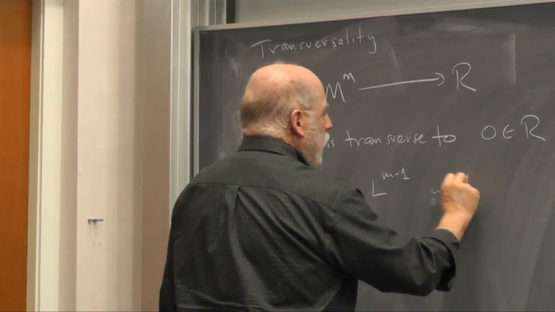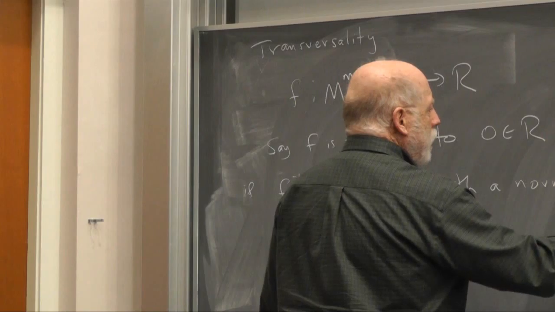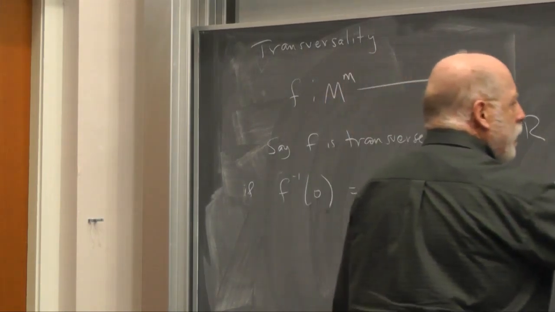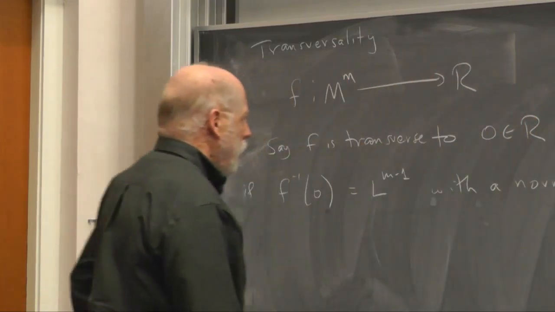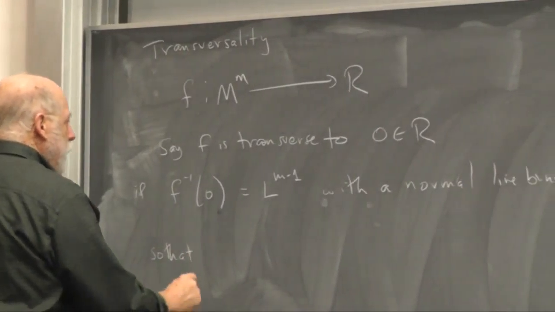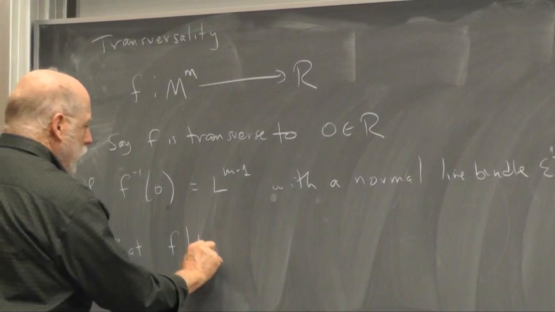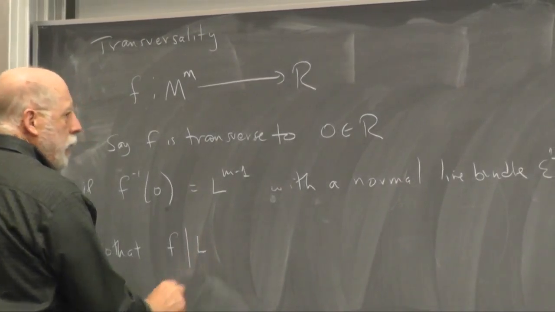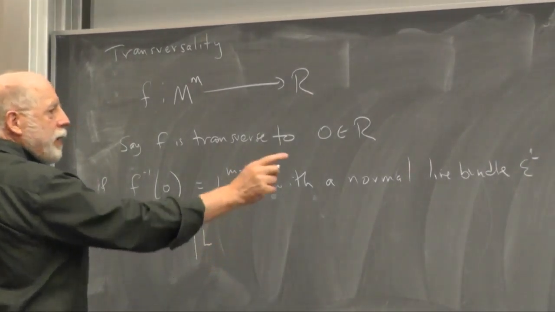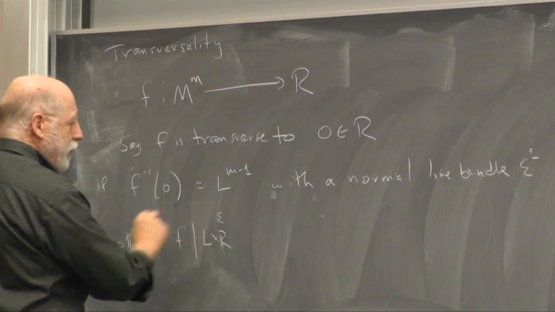with a normal line bundle, let's say epsilon 1, so that F restricted to L, well, I'm thinking this line bundle is embedded, so it's really L cross R. That's the line bundle.